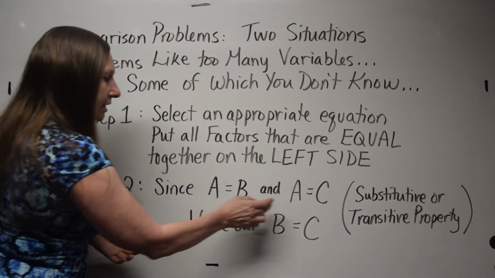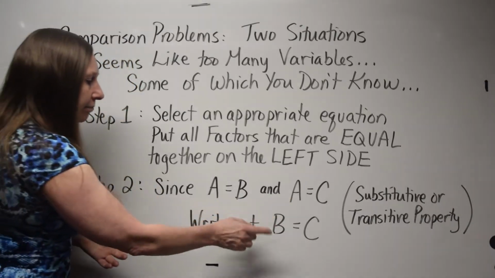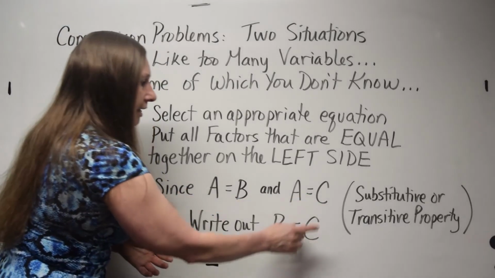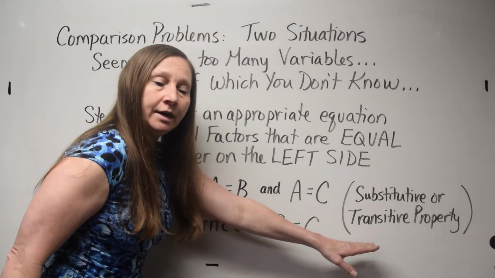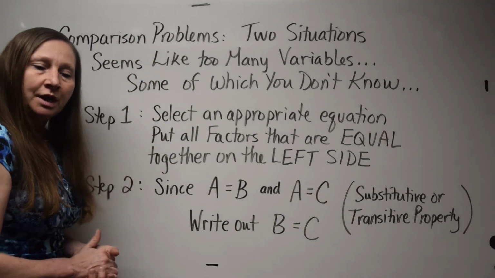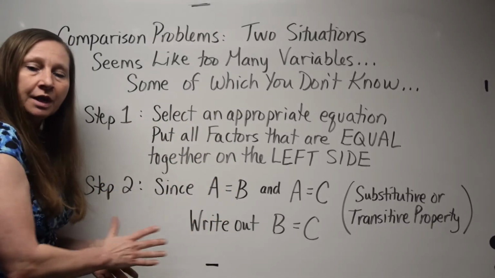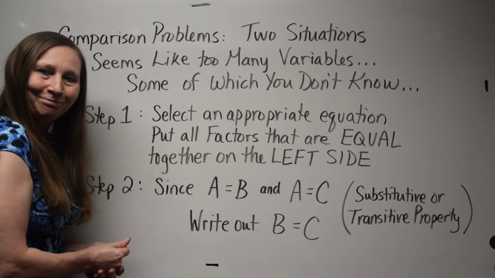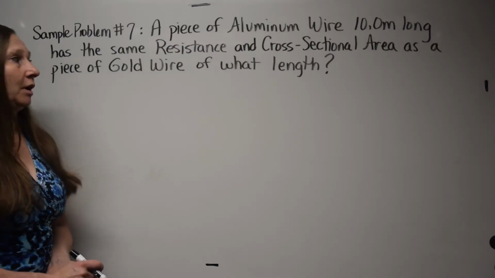Now, since A is obviously the same as A, that means you're going to be able to set B equal to C. This is called the substitutive or transitive property of mathematics. I'm going to put up problem number 7, and we're going to use these two steps to make problem number 7 a snap.